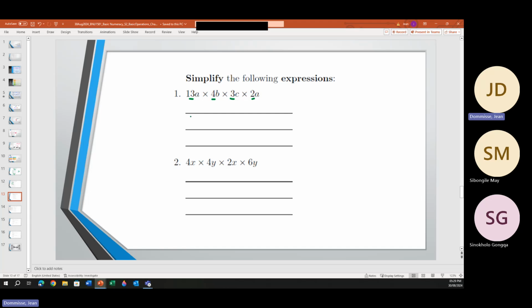So 13 times 4 is equal to 52. 52 times 3 is equal to 156. 156 times 2 is equal to 312. Okay, so if I multiply the 13 with a 4, with a 3, with a 2, I get 312.